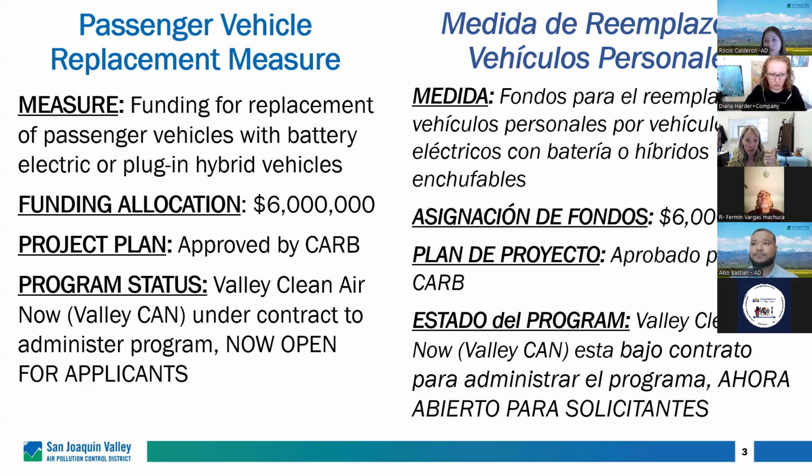We have approval from CARB, and we've entered into a contract with Valley Clean Air Now, who is our partner who does all of the outreach work to actually run this program. And we'll talk about who that is and their outreach work in an upcoming workshop they have in just a moment.